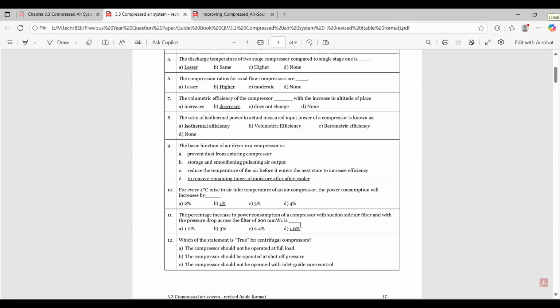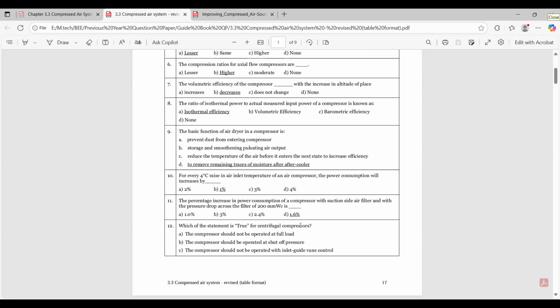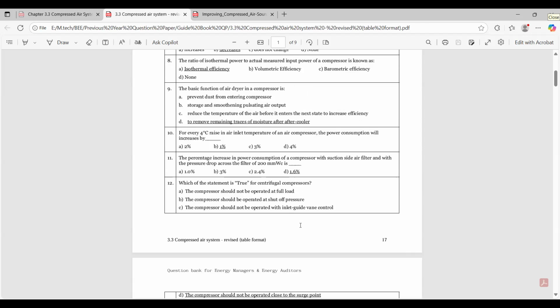The compressor should not be operated with inlet guide vane control. It is a false statement. It should be operated with inlet guide vane control, because if the IGV is not there in the system, your pressure will not be there. You will be generating more velocity, and in centrifugal compressors velocity is important.